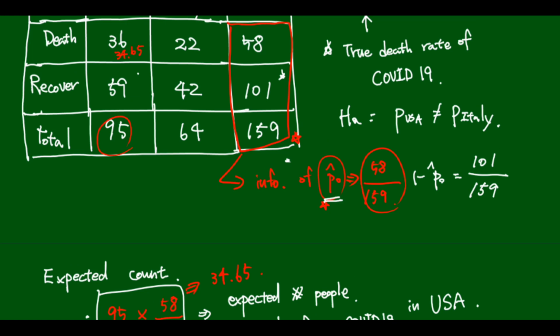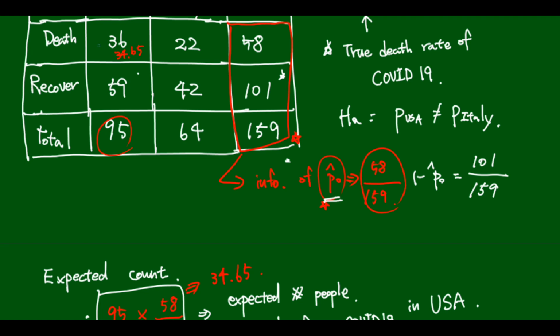Okay, so we can calculate the four numbers. For each cell we can calculate the expected count, and that number will be different from the real observation for each cell.